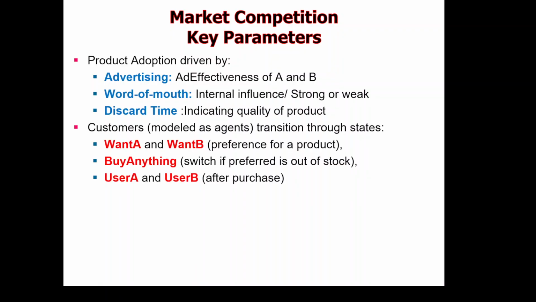So we model customers as agents, and these agents transition through states based on the advertisements. Some of them would want A and some of them would want B, and they would purchase it, but due to some delivery times and delays, they might change their decision to buy that product, and they can enter into a new state which we call buy anything.